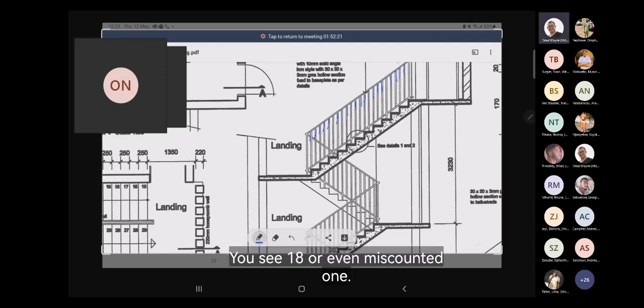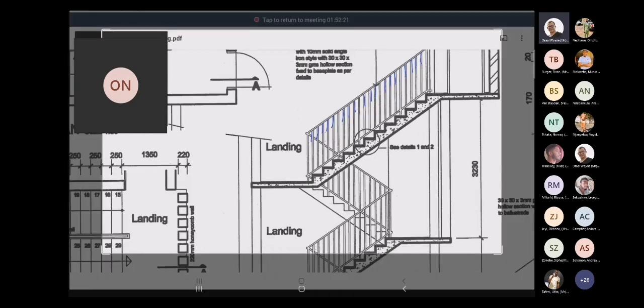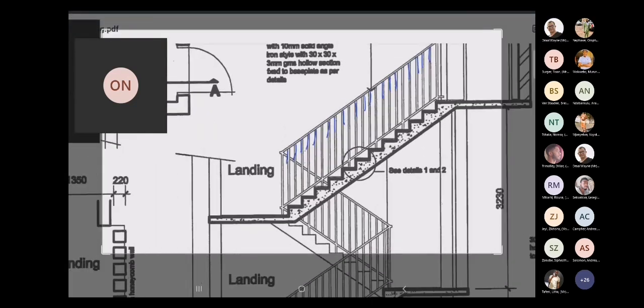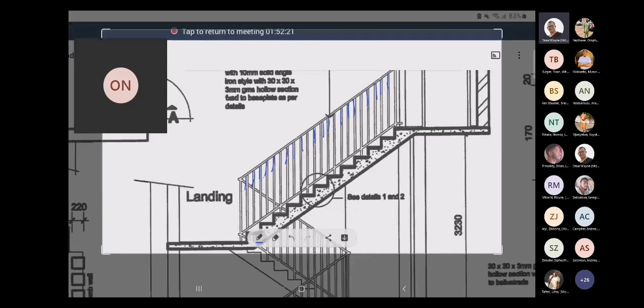You see 18, or have I miscounted one? My eyesight is not the best anymore. I get 18. That's right.